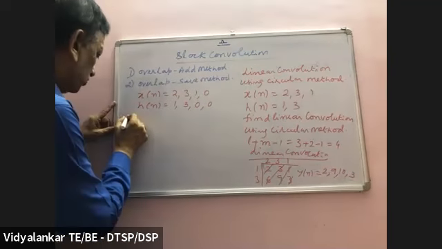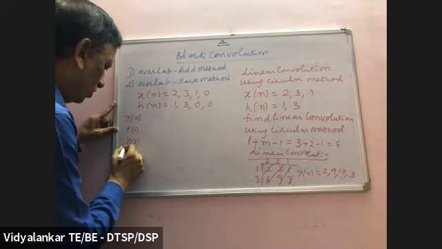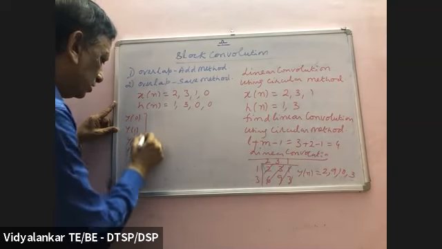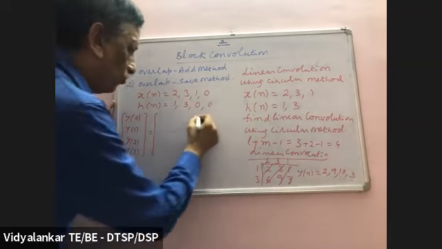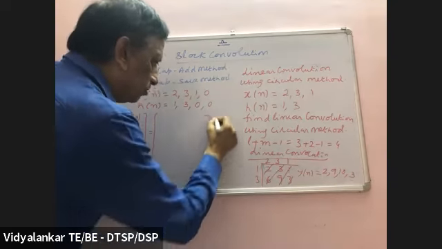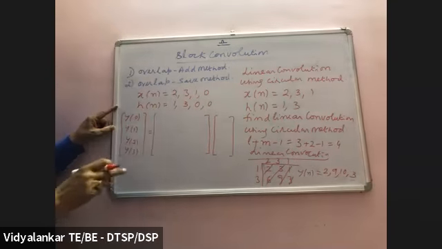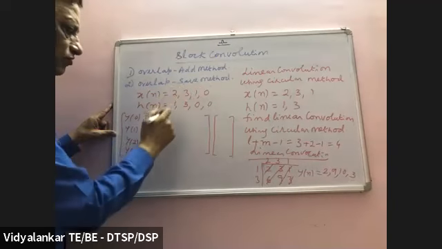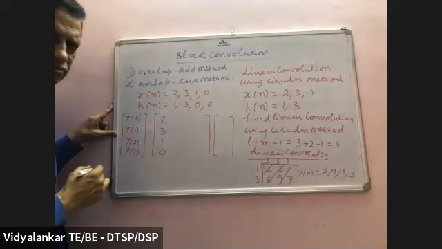Now the 4 outputs y0, y1, y2, y3 as per circular convolution. Again, it is a 4 by 4 square matrix multiplied by a column matrix. Either x or h, we can apply it this way. So x is 2, 3, 1, 0.